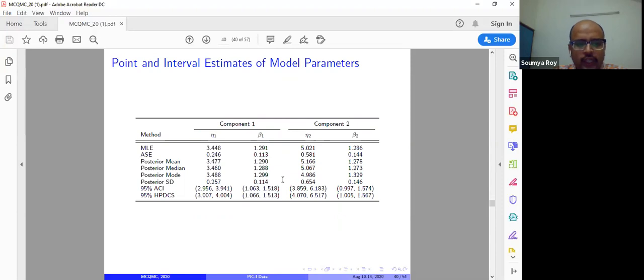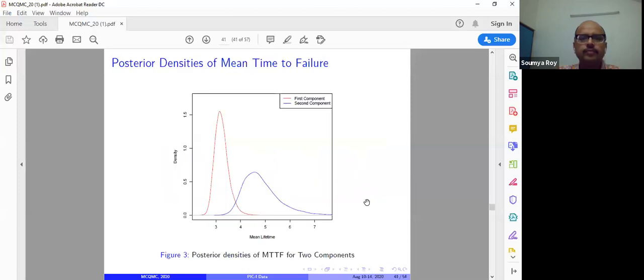This is further confirmed by the summary table. Furthermore, if you look at the 95% HPD sets, they are above 1 in both cases. So both these components have increasing failure rate.